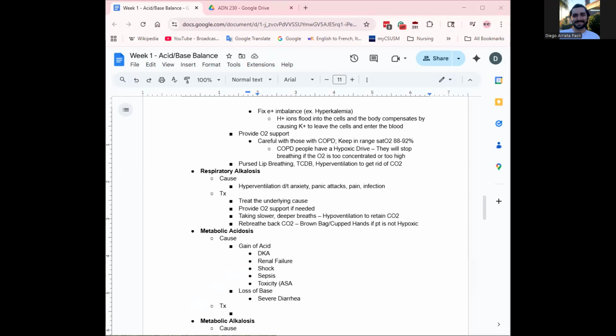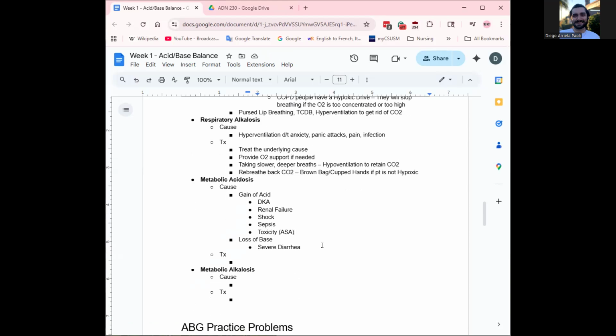Okay, and then I'll include a few other ones here. So we have toxicity, aspirin is one of the key ones. I'm going to include some hypermetabolism. Yes, also the alcohol.